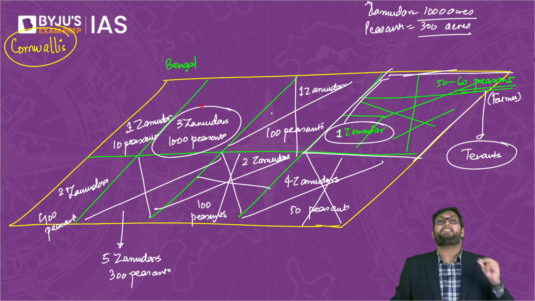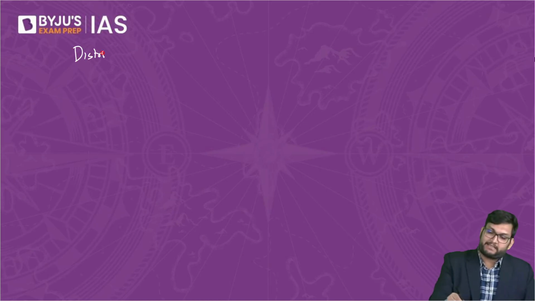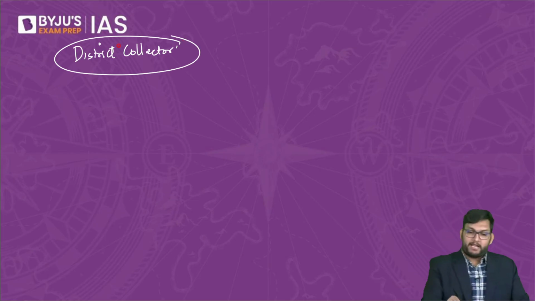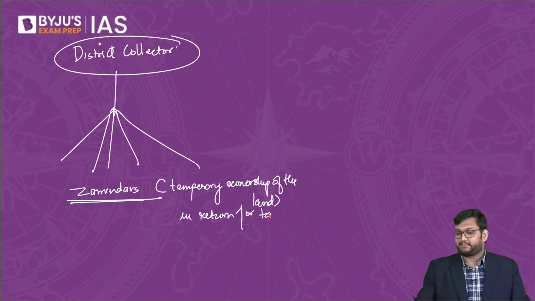So, what is the permanent settlement? The district collector collects the revenue from zamindars who are given temporary ownership of the land in return for tax collection.